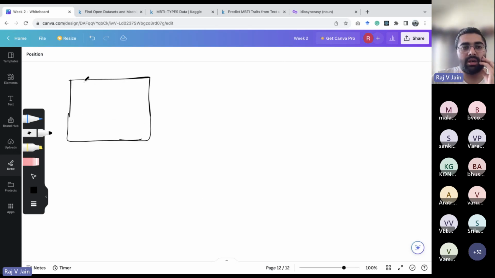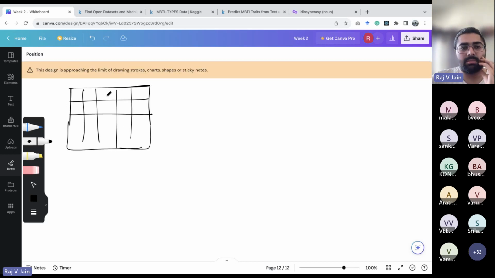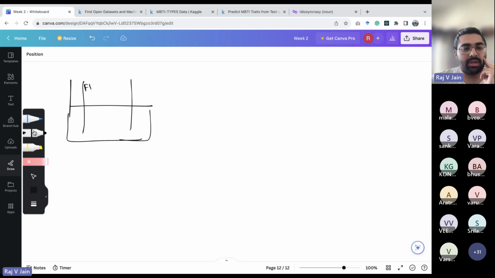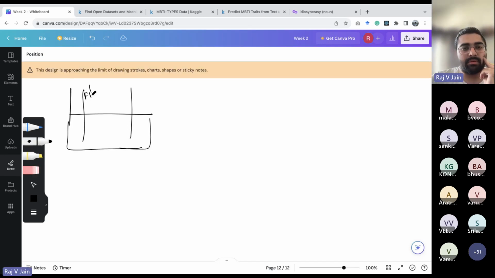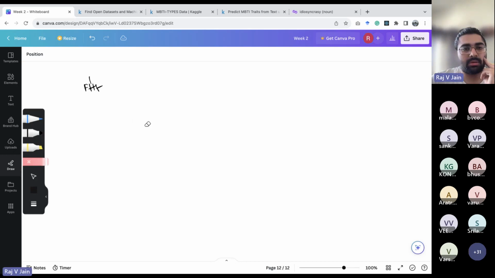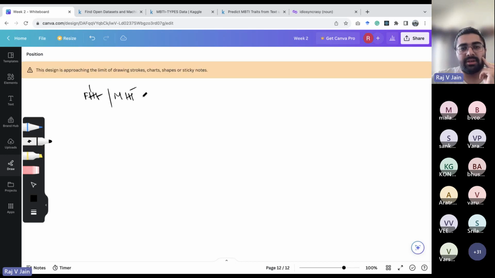I'm trying to get data on, let's say, father's height, mom's height, and the son's height. So I'm trying to use these two variables to predict the son's height.